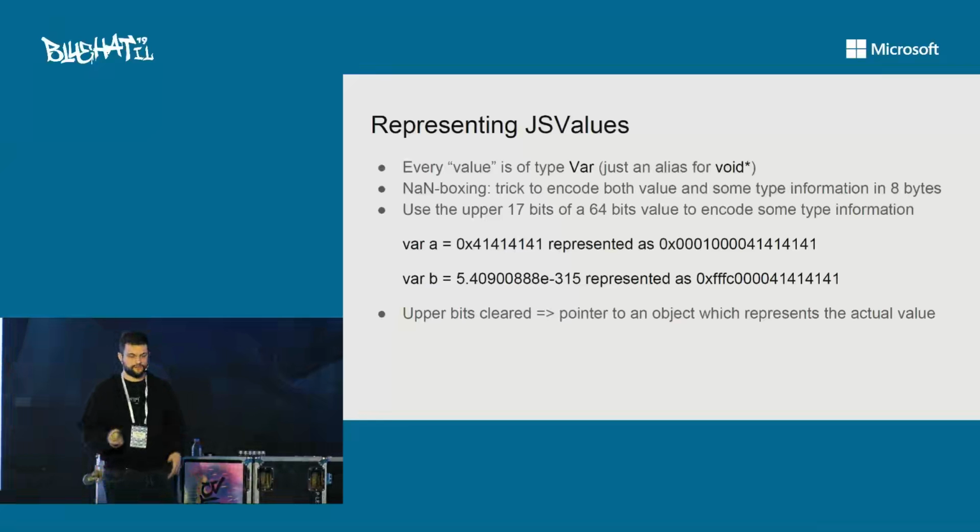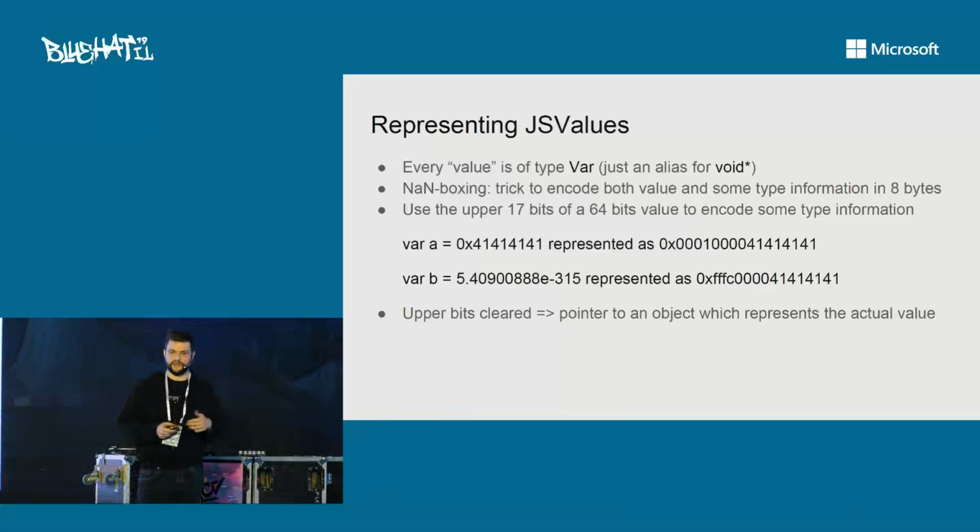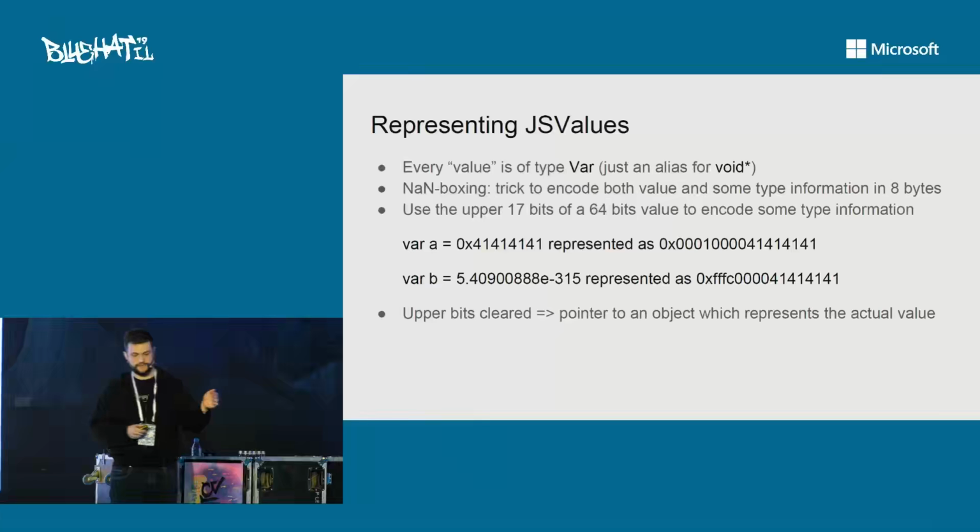And if you take a double, which has the same hexadecimal representation, you find the same thing, 414141, but XORed with 0xFFFC. Basically, they use the fact that on x64, the upper 17 bits are cleared for user space addresses to encode some kind of type information there. And what that means is that if none of those bits are set, you're dealing with a valid pointer, and dereferencing that pointer will lead you to the actual object, which will contain more information.